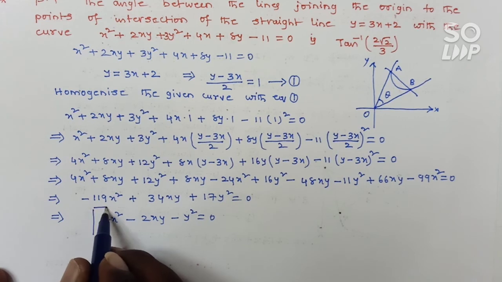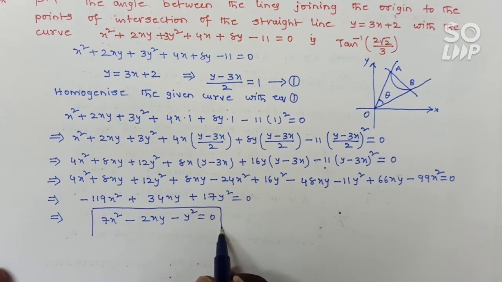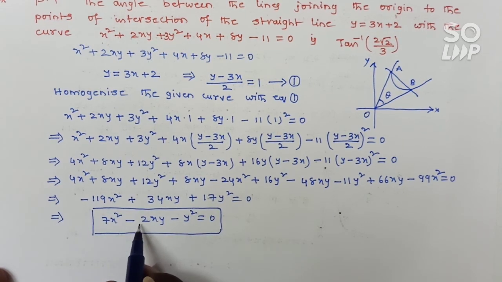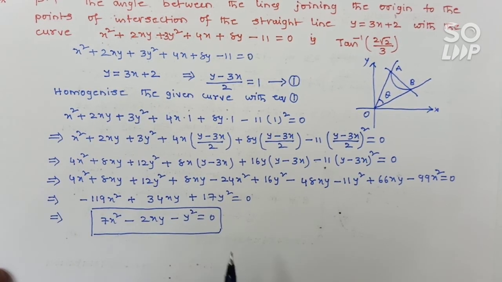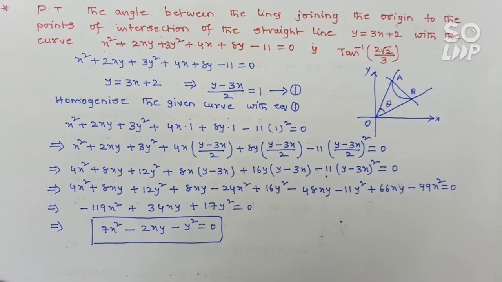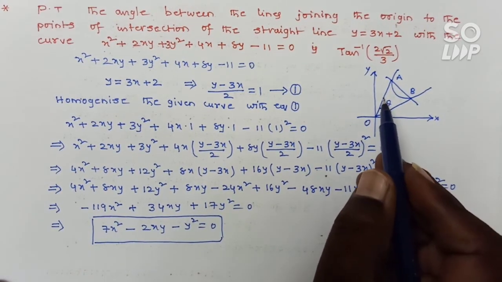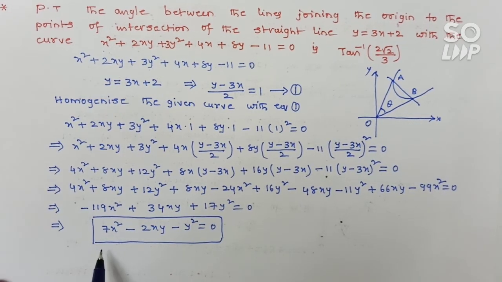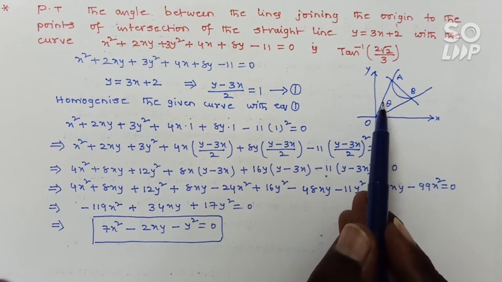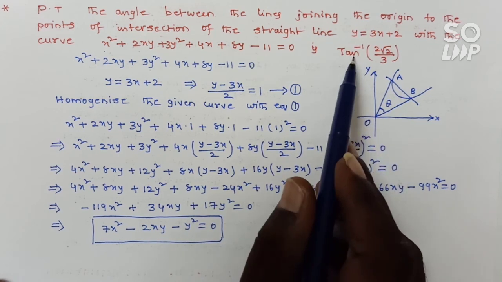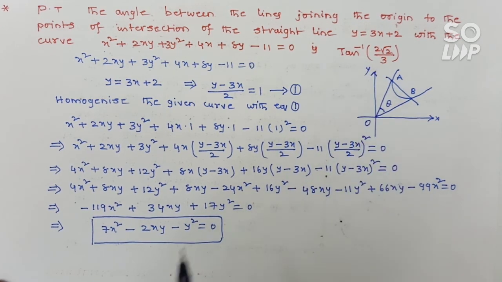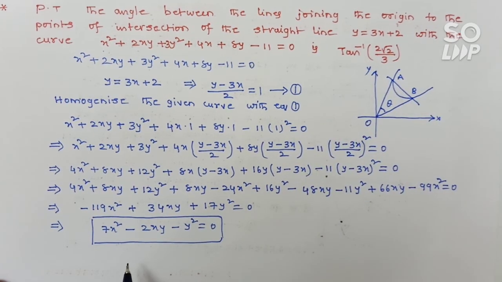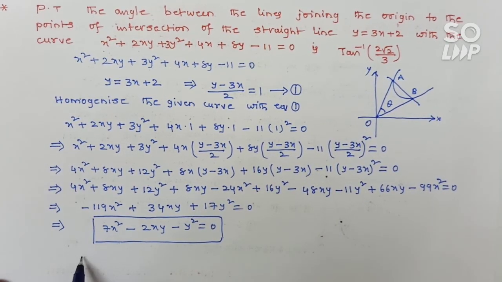After this, observe: is it a homogeneous equation or not? A homogeneous equation is ax² + 2hxy + by² = 0. This represents the combined equation of OA and OB. Next we have to find the angle between OA and OB, which is tan inverse of something. So you apply the tan theta formula.